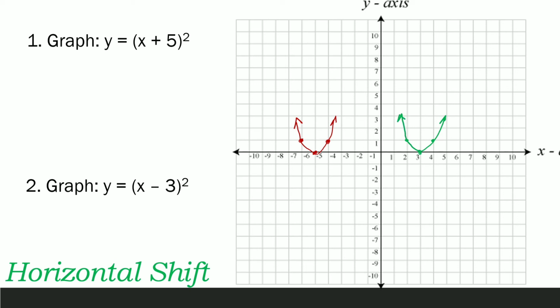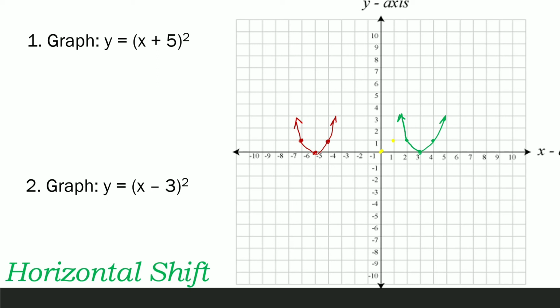Yung points na nilagay ko lagi, those are actually guide natin for the basic y equals x squared. Diba? So, ang y equals x squared kasi, again, nasa origin, and then x squared, diba? Pag x squared, halimbawa, if x is 1, therefore y is 1.